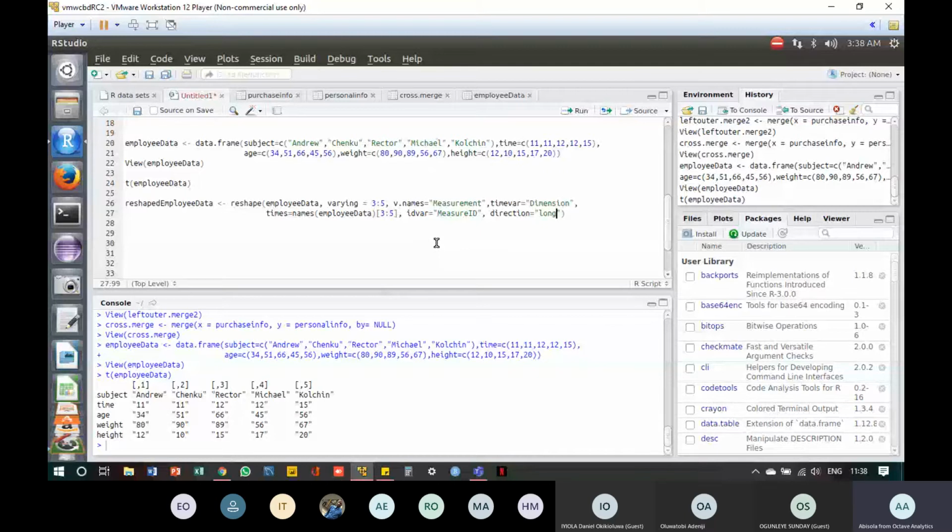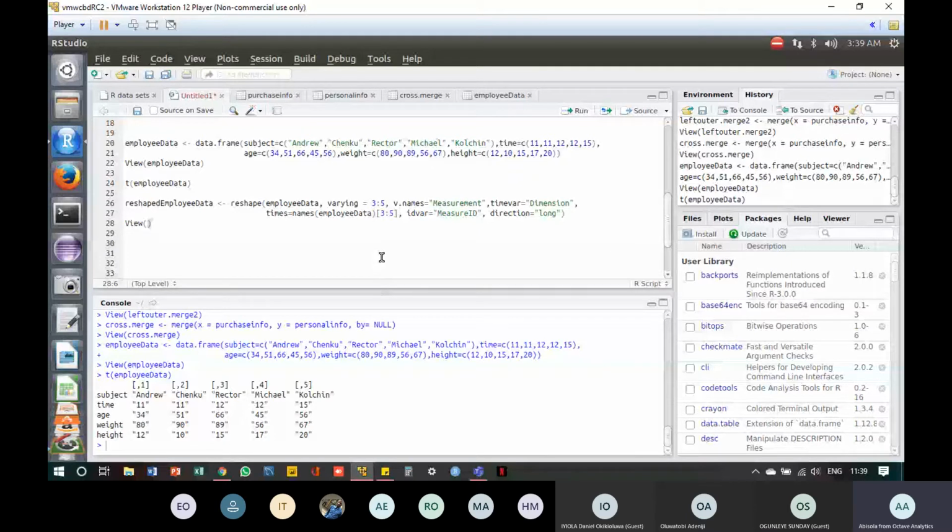1 second, please. Okay, so let's run this and let's view the data. Let me put in the view command.